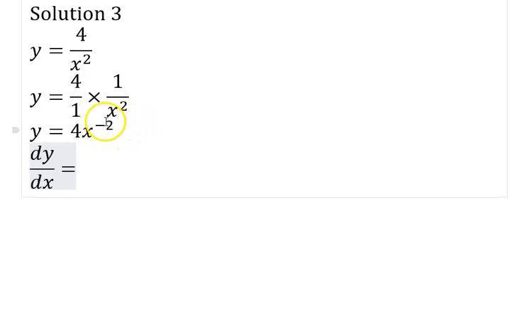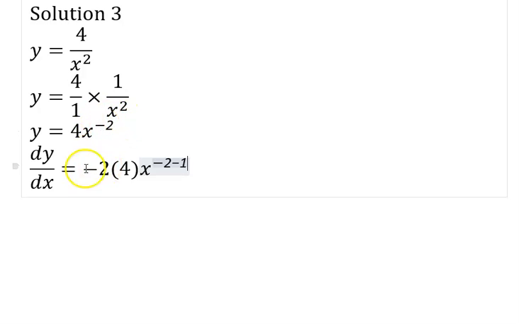What we have at the power in this case is -2. We have 4 here already, then we have x raised to the power -2, then we subtract 1 from it. That's what we've done.